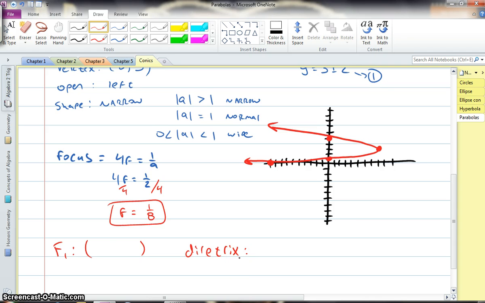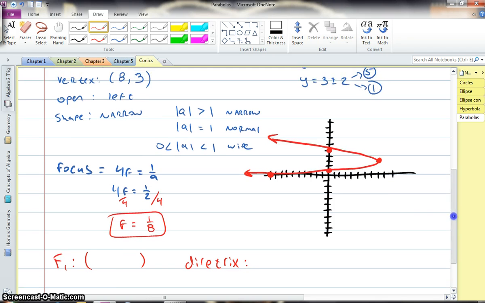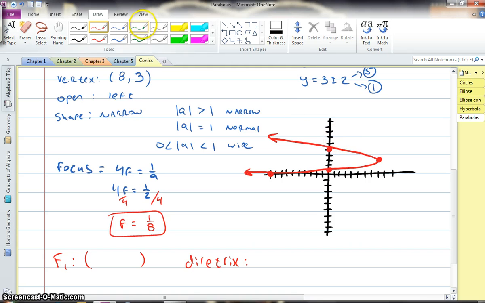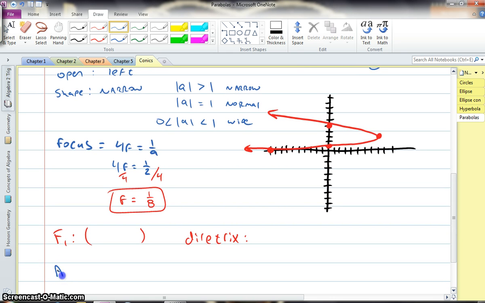All right, so with my vertex, we have an axis of symmetry, which we should be familiar with from last time. Our axis of symmetry we talked about with parabolas would be if I were to draw a line through the vertex, if I were to split this graph in half, a symmetrical line.